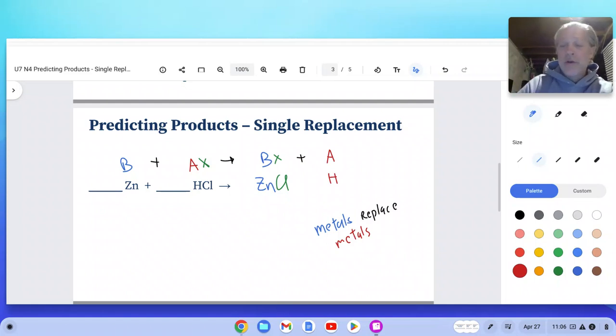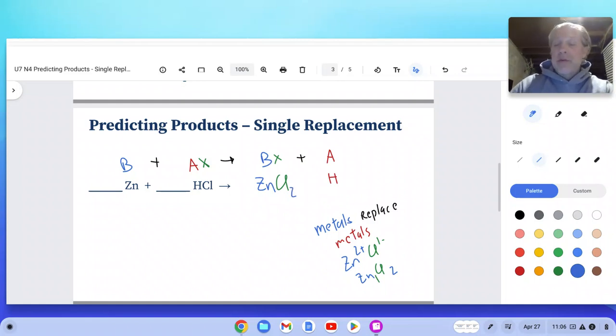So the first thing we have to do is check the charges of zinc and chlorine. So zinc, according to the periodic table, is a charge of +2. Chlorine, according to the periodic table, is a charge of -1. When we crisscross those charges down, we get Zn1Cl2. And so we're going to rewrite this in our formula to be ZnCl2.